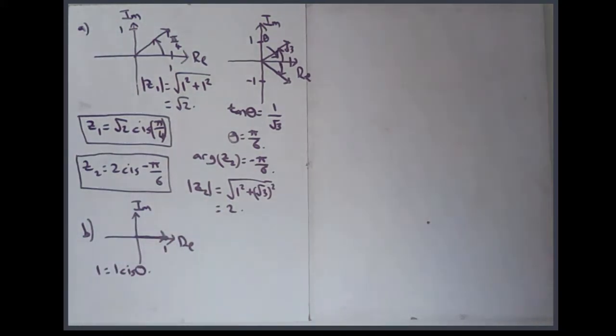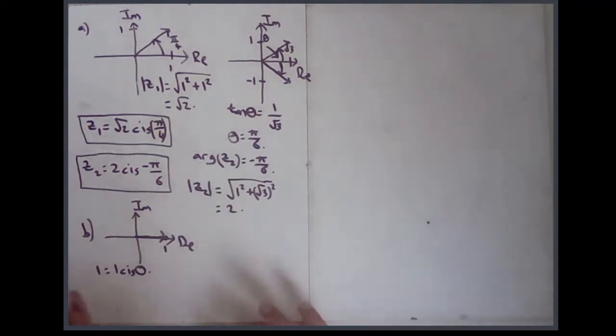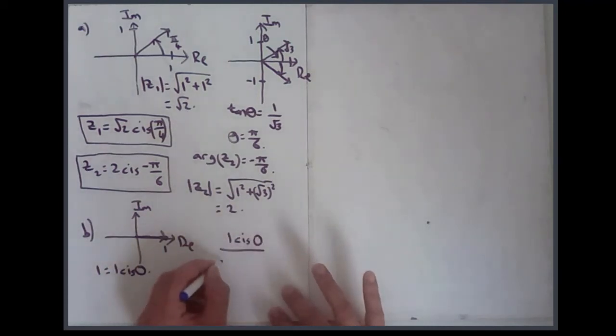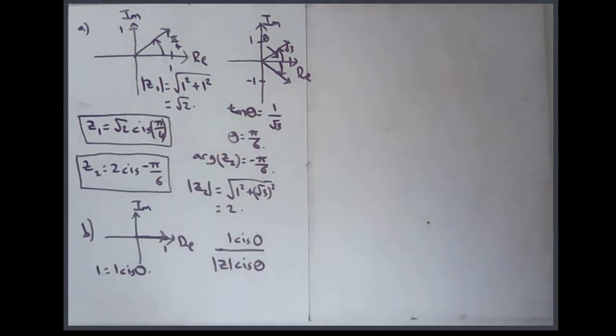So if I'm doing 1 over z2, if we're dividing 1 by a general complex number, if we just write it in general polar form, you might say 1 cis 0 divided by modulus of z cis θ, something like that, right? So then if you think about the rules for multiplying complex numbers in polar form, you multiply the moduli and you add the arguments.